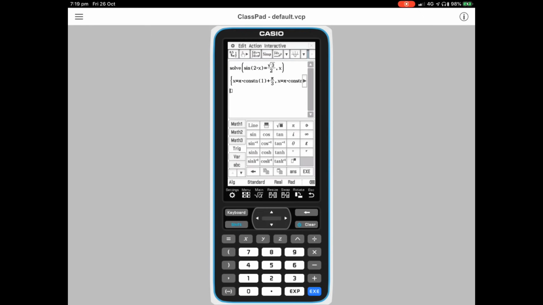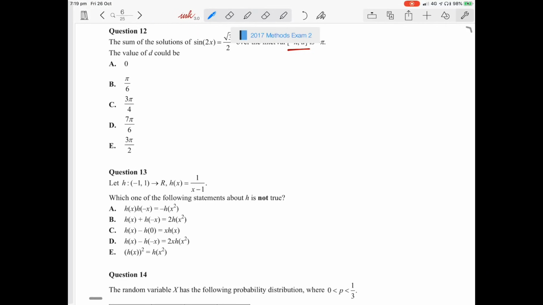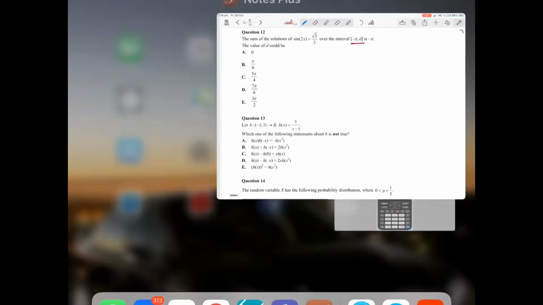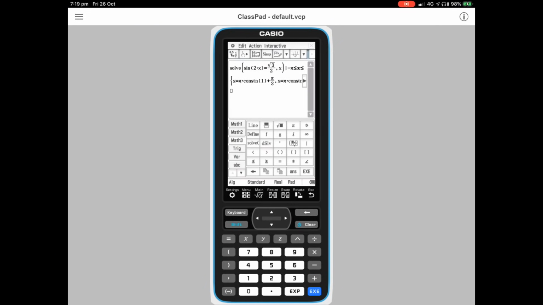It's going to give me a general solution, but I'm going to say from given -pi, because that's what it's from, is less than or equal to x, which is less than or equal to 3 pi on 2. That's the greatest value there.